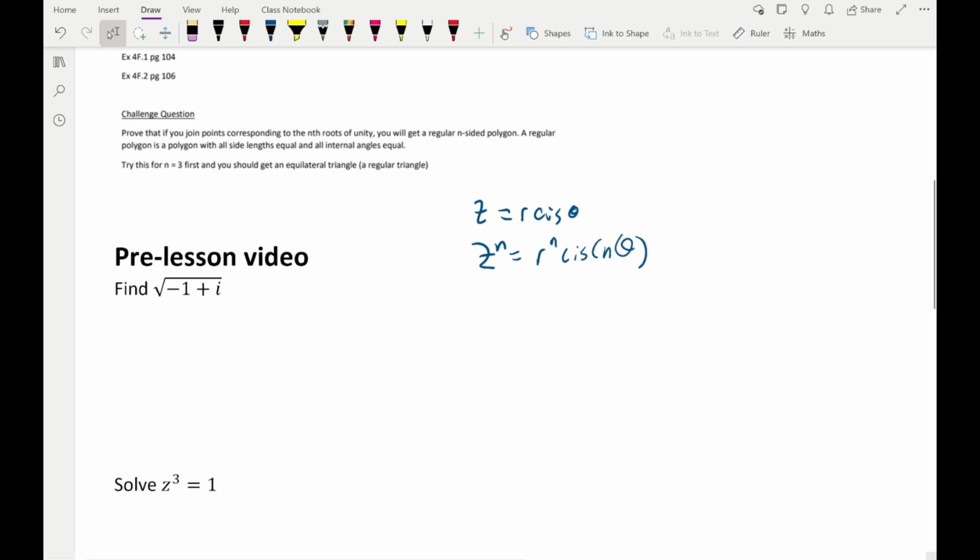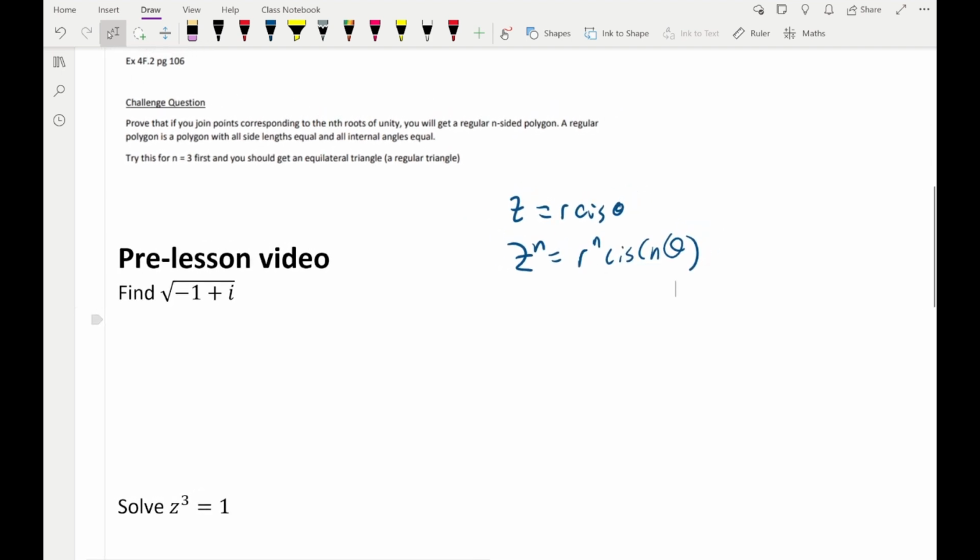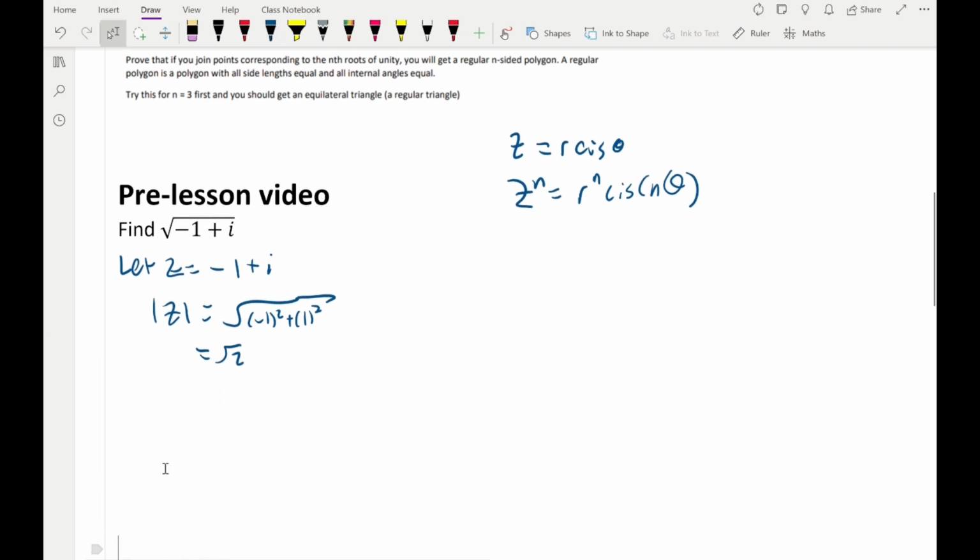So that's what we're going to use to find square roots of complex numbers, because if you see something like this one here with root of -1 plus i, you wouldn't really know how to do that without using polar form. So first thing we need to do is say let z equal -1 plus i. Mod z would then be square root of -1 squared plus 1 squared, which is root 2. Basically, what we're doing here is converting into polar form.